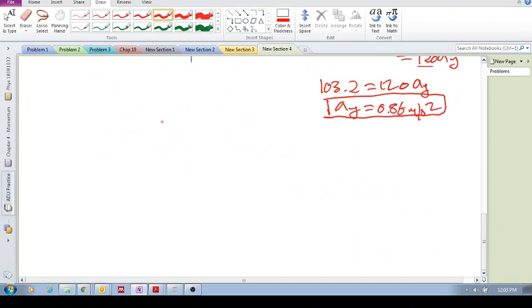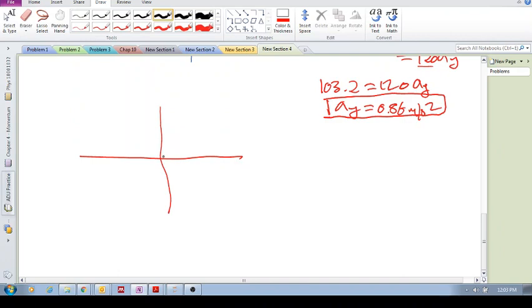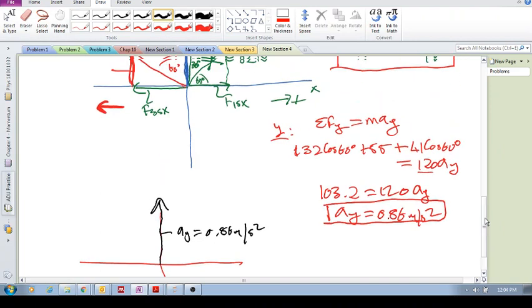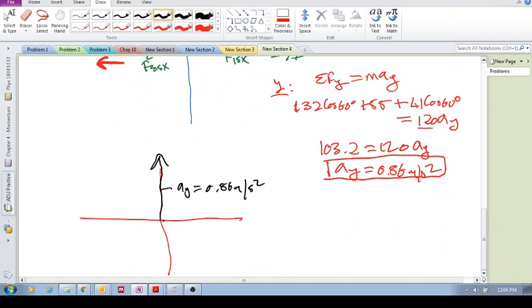So, again, if we've got our X and Y, our AY is in the vertical direction. That is, again, it's a vector, so AY is 0.86. It's in the Y direction, and then AX is minus 0.163.